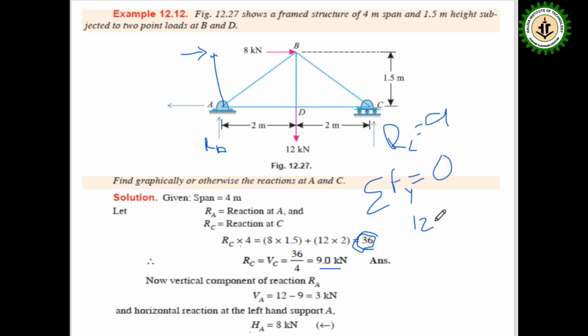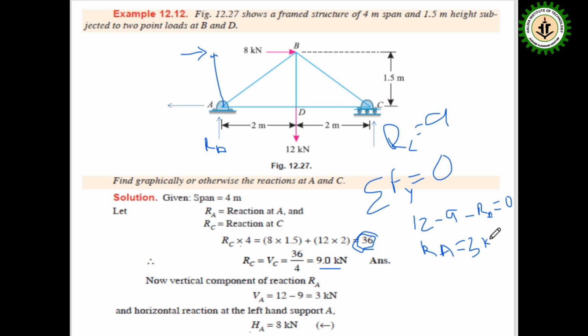If downward is positive, then RC is negative, and RA is also upward, so it will also be negative. So RA equals, sorry, it will be RA equals positive 3 kilonewton.